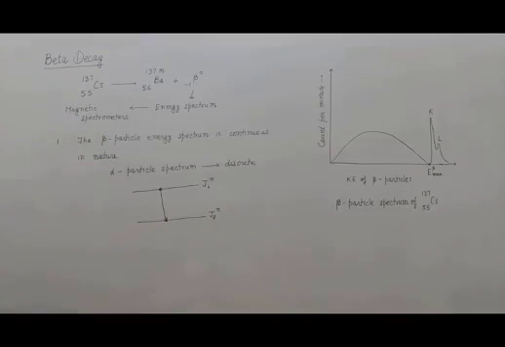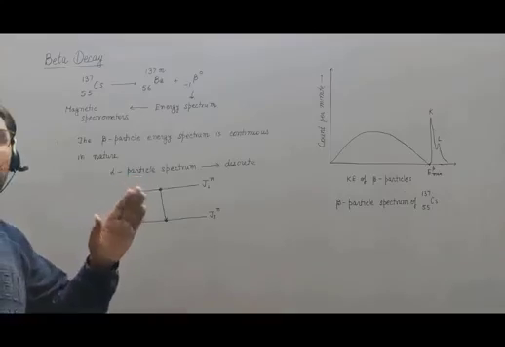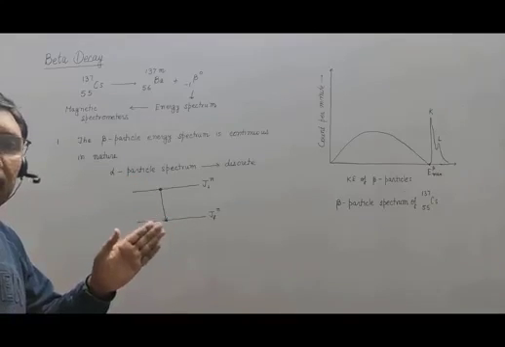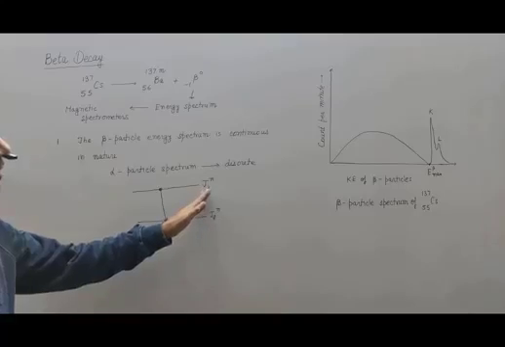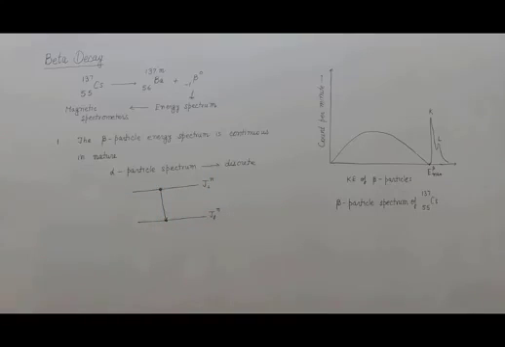So our idea up to this point was that when a nuclei with definite spin and parity emits a particle, it converts into another nuclei again having definite spin and parity.